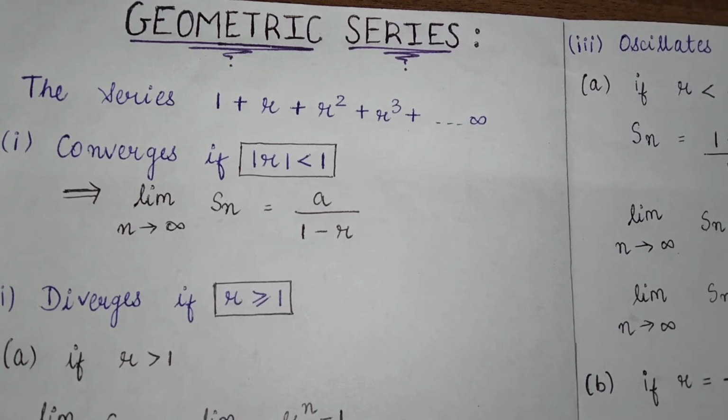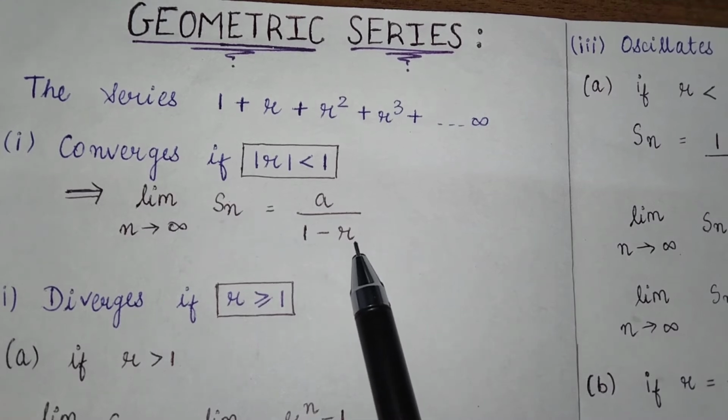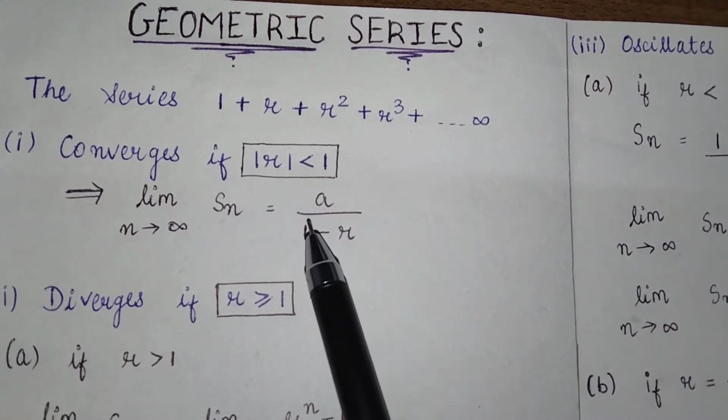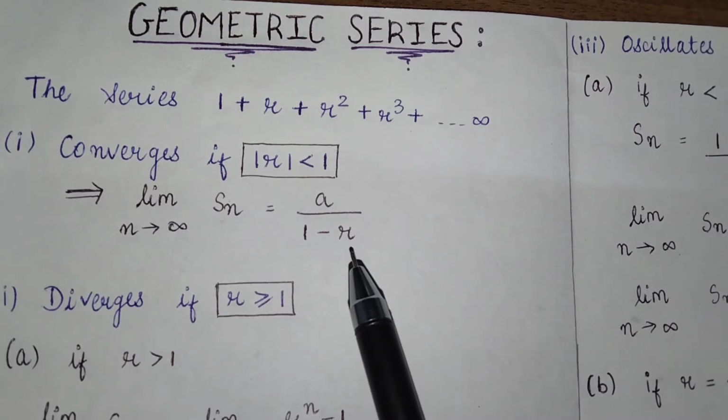And if you are asked to find the sum of the series, then the sum of an infinite geometric series is given by a upon 1 minus r, where a is the first term and r is the common ratio. We saw such examples in our previous lecture.